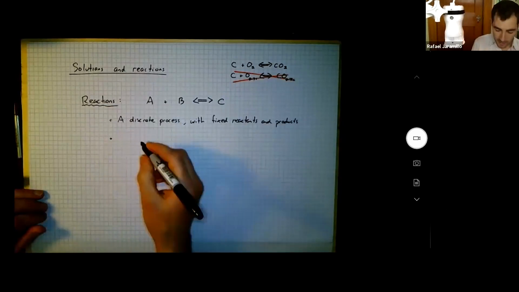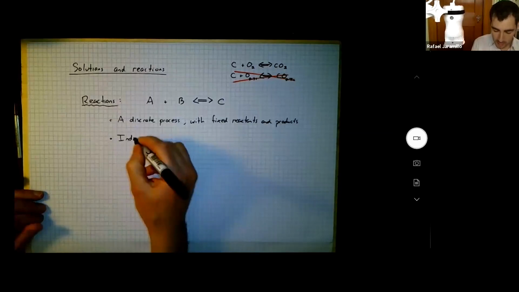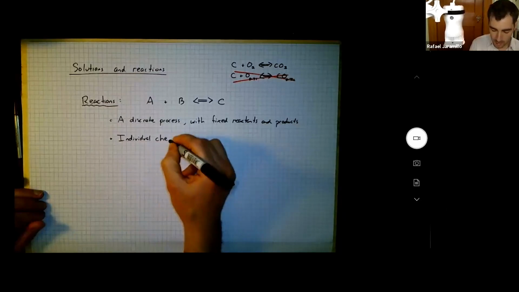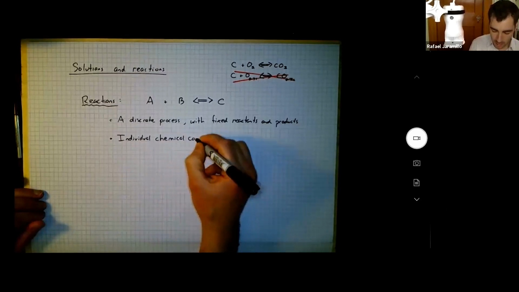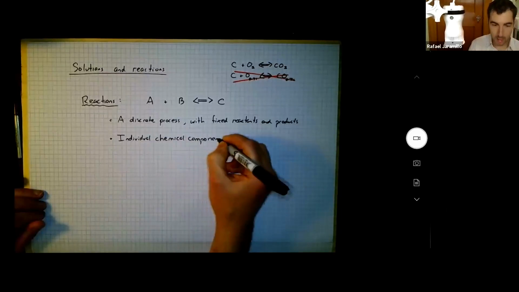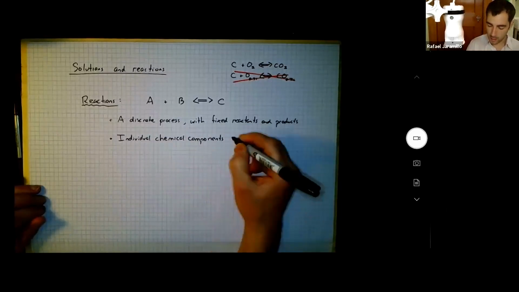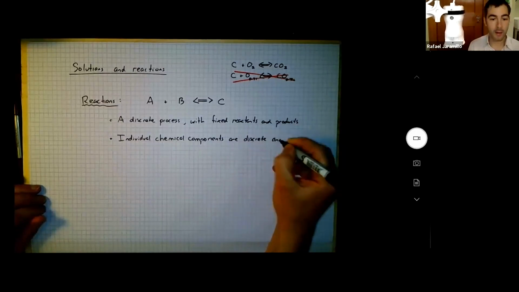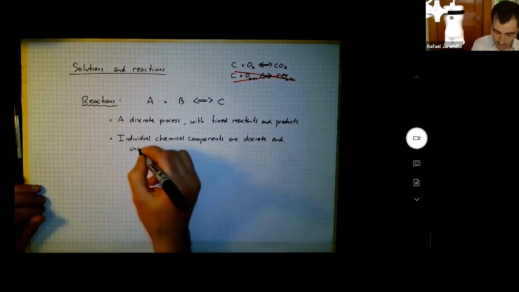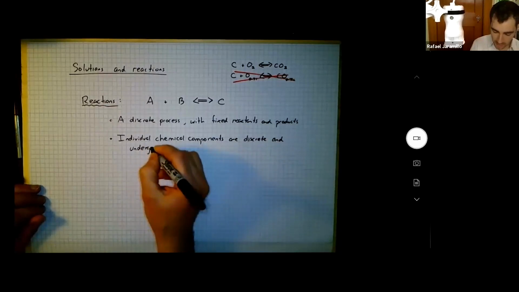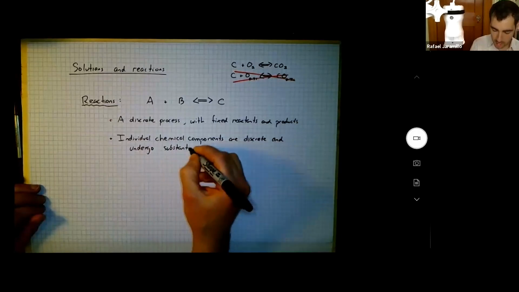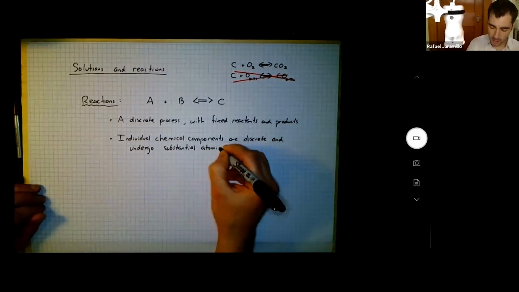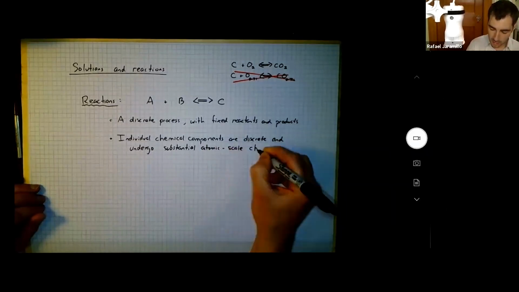Why? Because the individual chemical components are discrete, and they undergo substantial atomic scale changes.